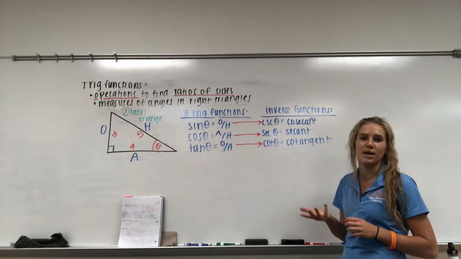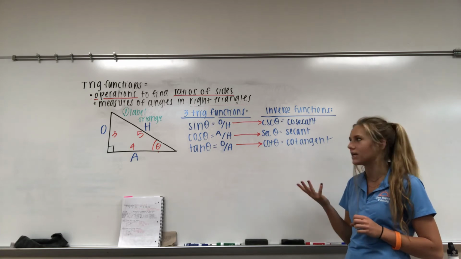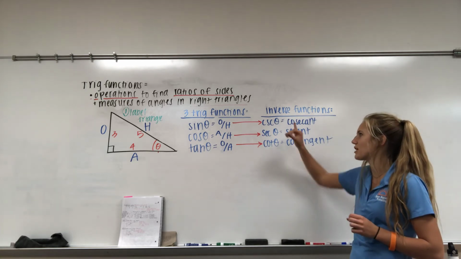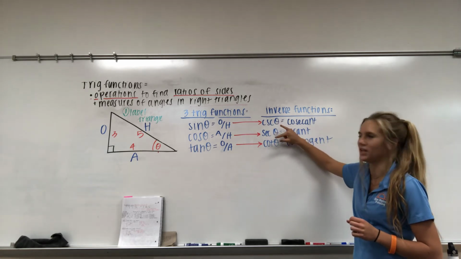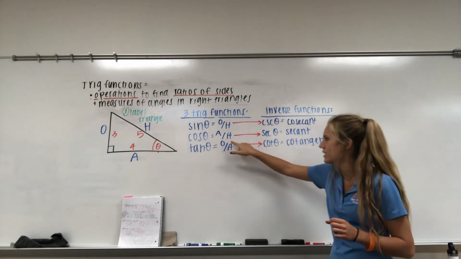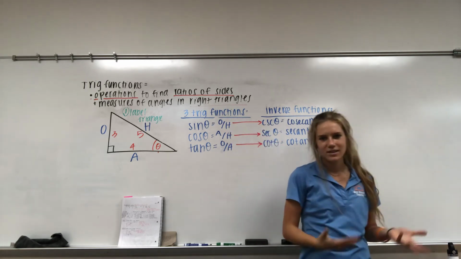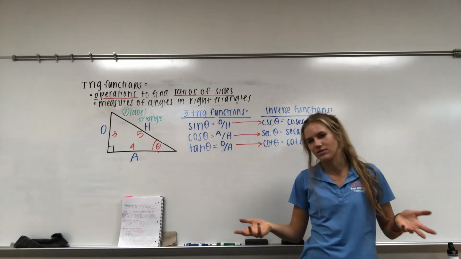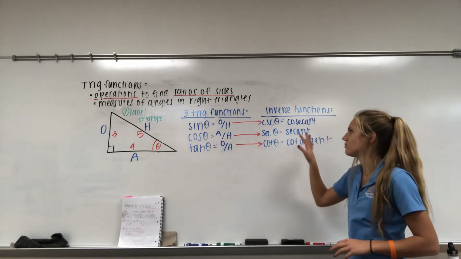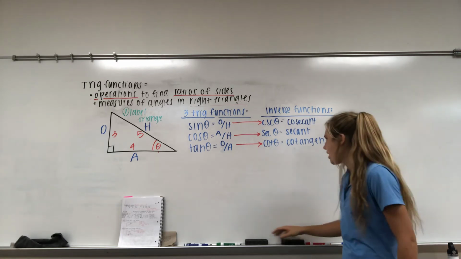I mean, good for them, obviously, but they really could have made it easier on us in terms of remembering. But just make sure that you know that these are the actual relationships, even though it seems like cosecant should go with cosine and sine should go with secant. For some reason, they made it not that way. So yeah, kind of annoying for us, but just remember it, I guess. Again, that's just something with math that you have to remember.